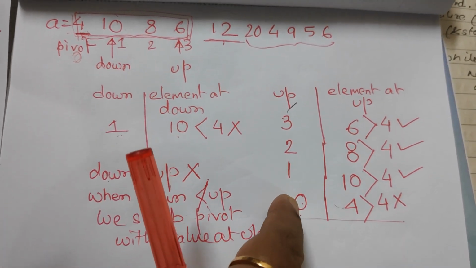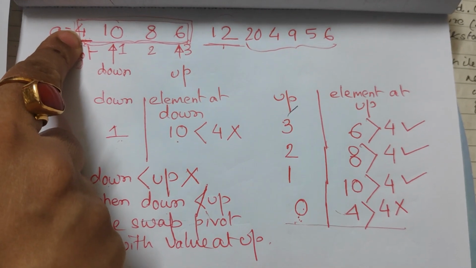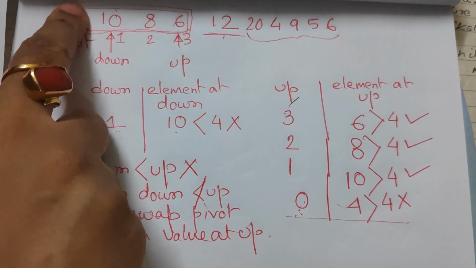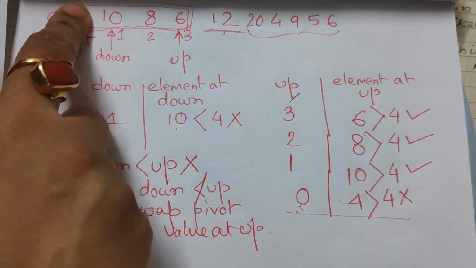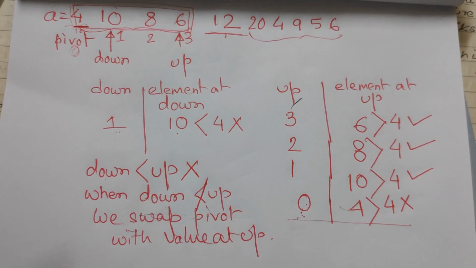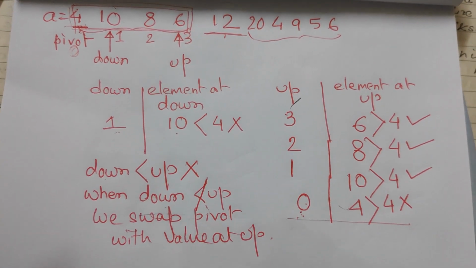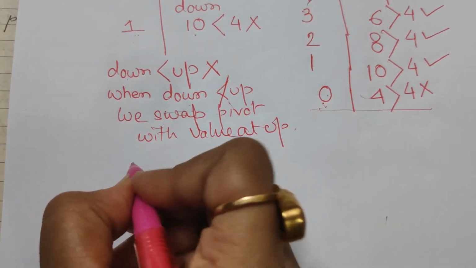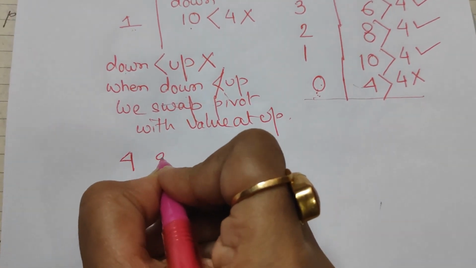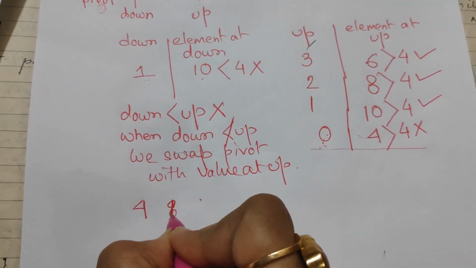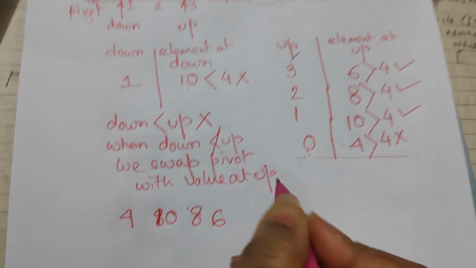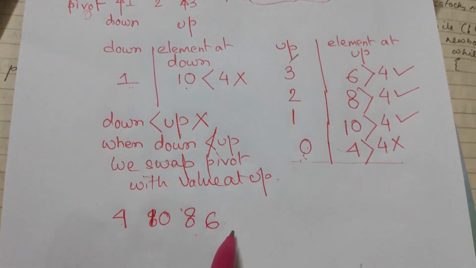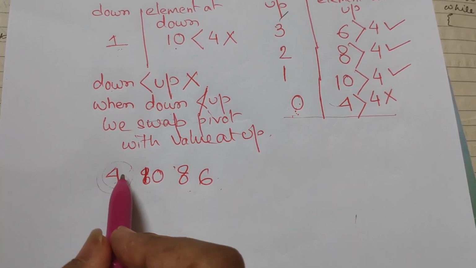We have to swap the 0th location element with the pivot. But in the 0th location we have got 4 itself. So no swapping is required, or even if you swap, you will get back the same result. Correct? So the left side of the list will remain 4, 10, 8, 6 because 4 is not going anywhere.